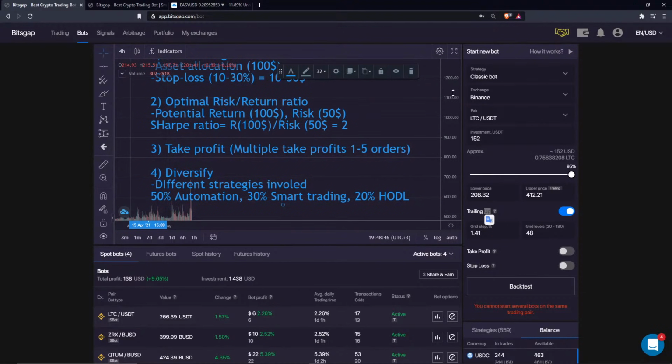That means that the value will appreciate. So that's something to look at when evaluating coins to consider for the investment. But in general, 20% hodl is the risk that you take to lose everything.